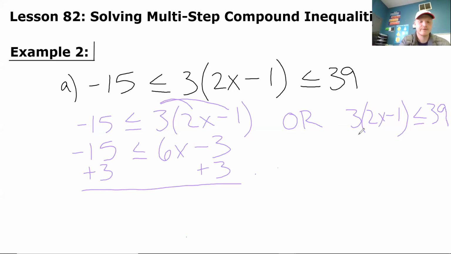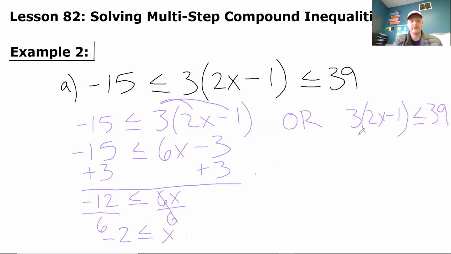We're going to have negative 12 is less than or equal to 6x. Divide by 6 to both sides. We are left with negative 2 is less than or equal to x, because our 6's canceled out there, and then we're just left with negative 12 divided by 6. So that'll give us negative 2.